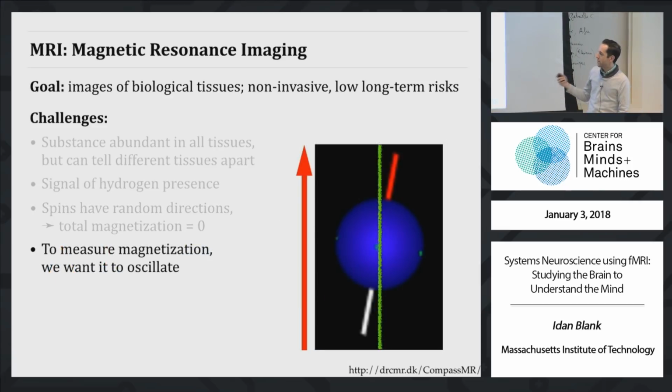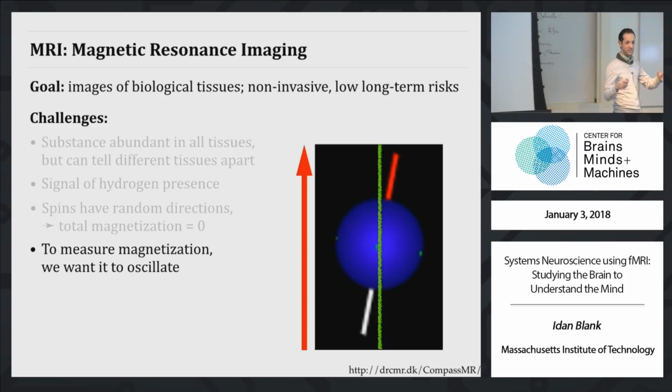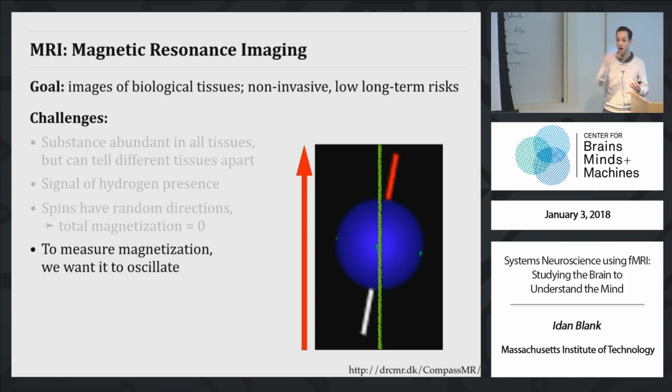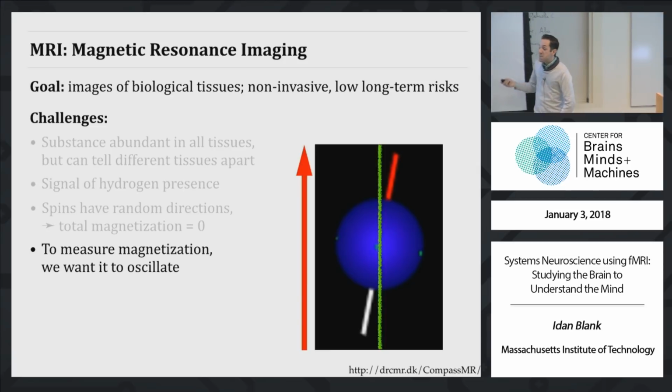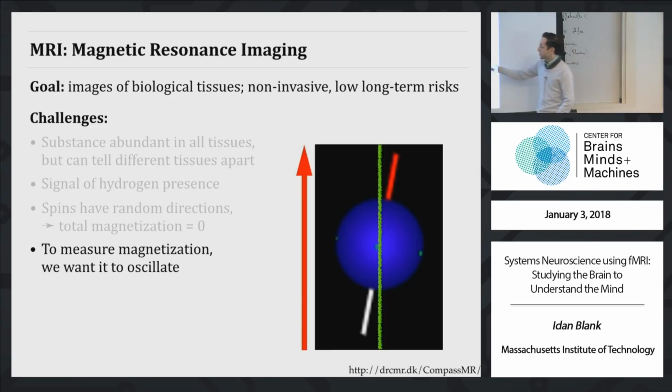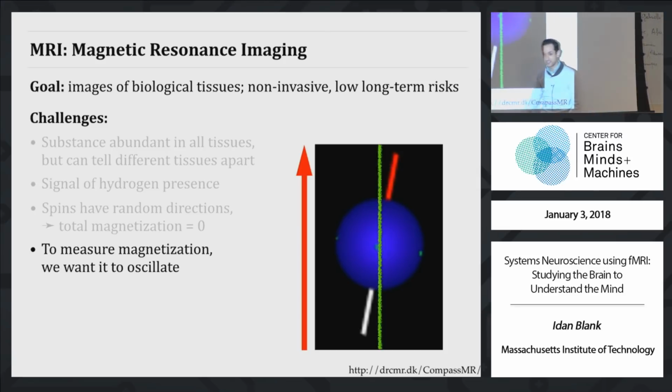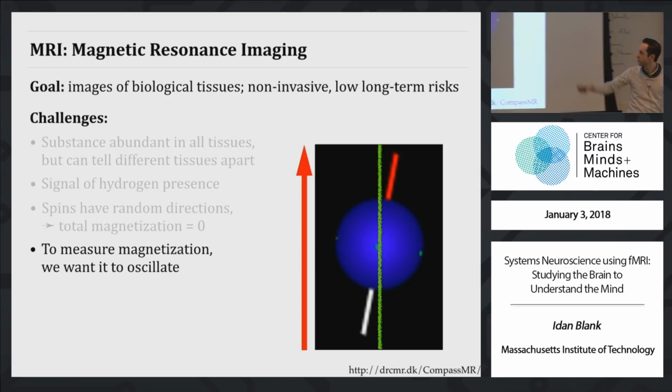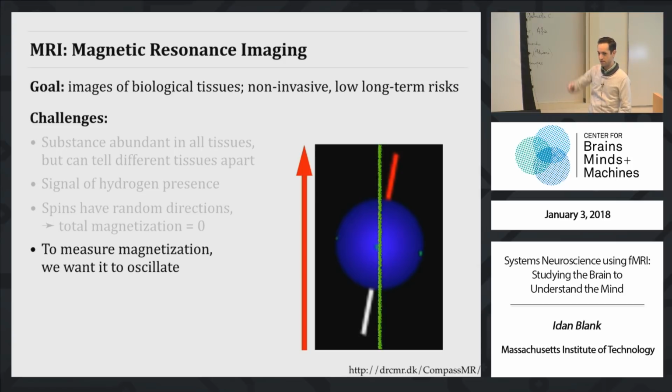In order to measure this magnetization, we want it to oscillate. We can't really measure just a constant magnetic field. We want a magnetic field that oscillates back and forth, and that's the signal that we're going to measure. Now, let's try to measure the magnetic field in this direction, right? Because that's where all the magnetization goes, in the direction of the huge external magnetic field.